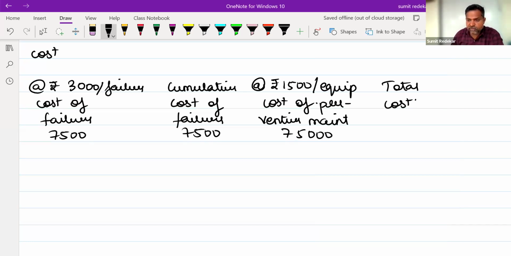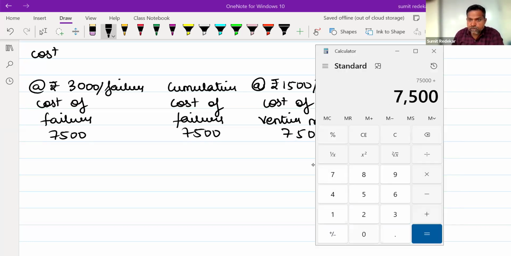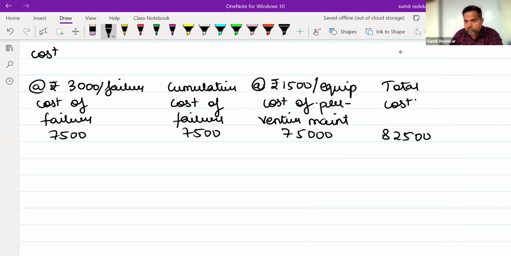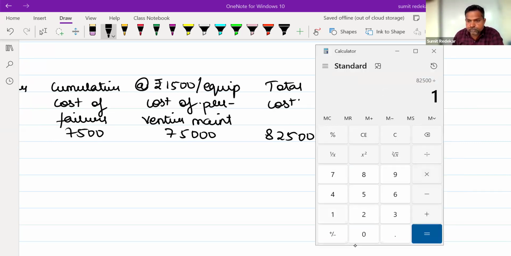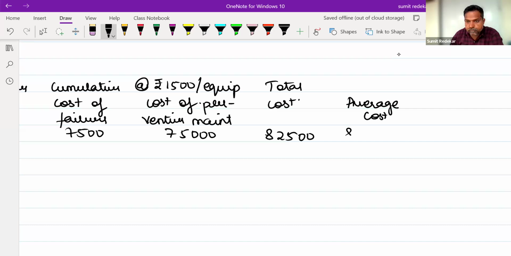Total cost is 7,500 plus 75,000. Last is average cost. 82,500.